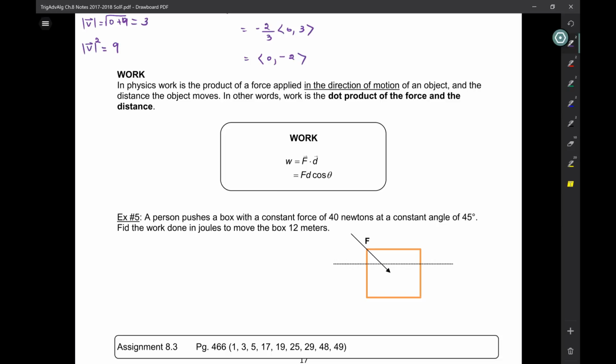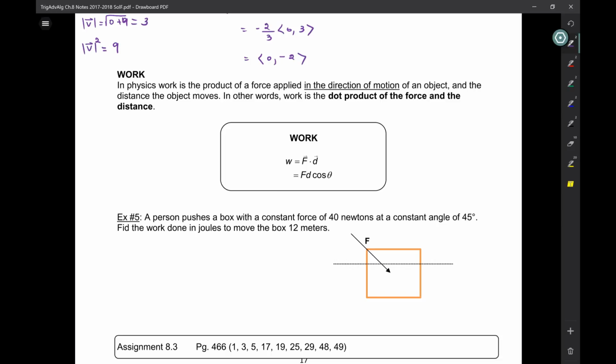So you could be pushing against this wall with all your might for like 10 hours straight until you're sweaty and blue and whatever. If that wall doesn't move, yes, you've applied a lot of force, but you've done zero work, all right? So in order for work to be done, force must be applied and something has to move.